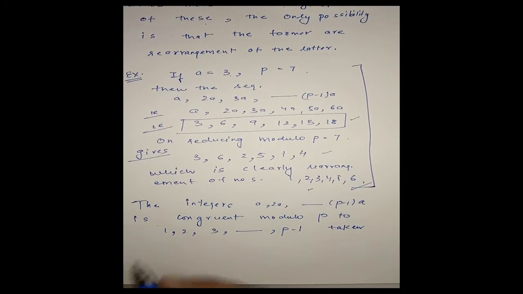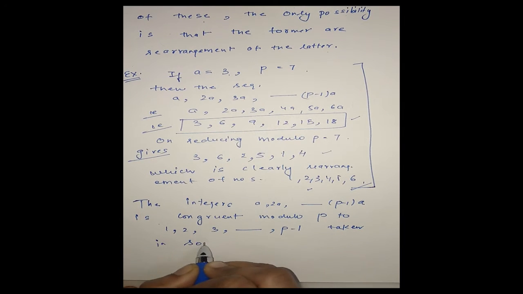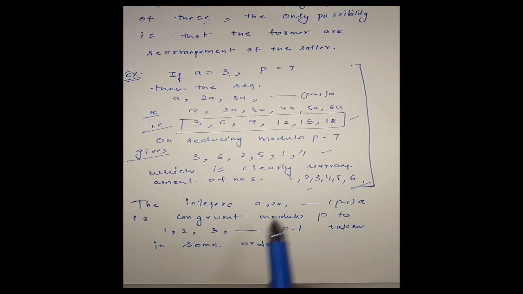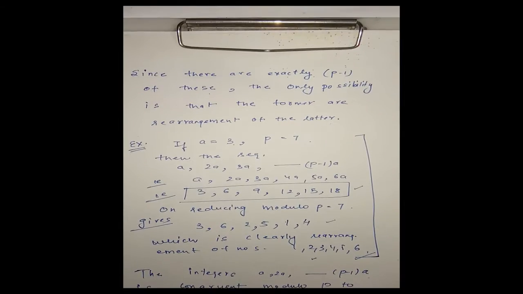Means when reduced modulo p, we have the numbers 1, 2, 3 up to p minus 1 taken in some order. Not necessarily the sequence is 1 to p minus 1, but we have a rearrangement of these numbers. Clear? Now we come to the next step.